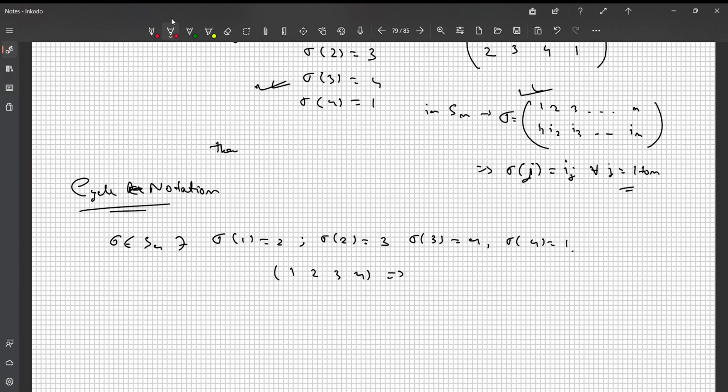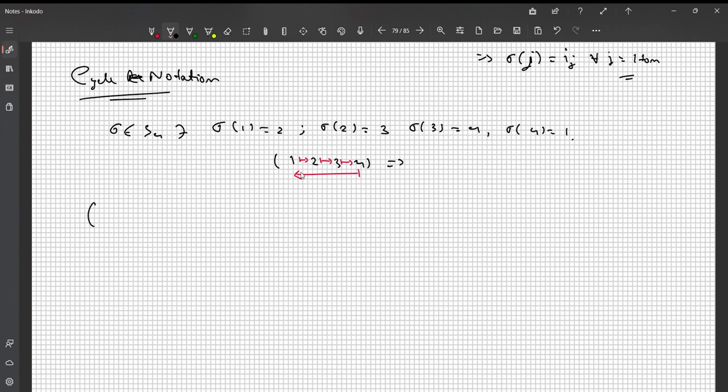This notation basically means that 1 is being sent to 2, 2 is being sent to 3, 3 is being sent to 4, and 4 is being sent back to 1. And obviously this resembles a loop like structure. So we call this a cycle decomposition, I mean a cycle notation.